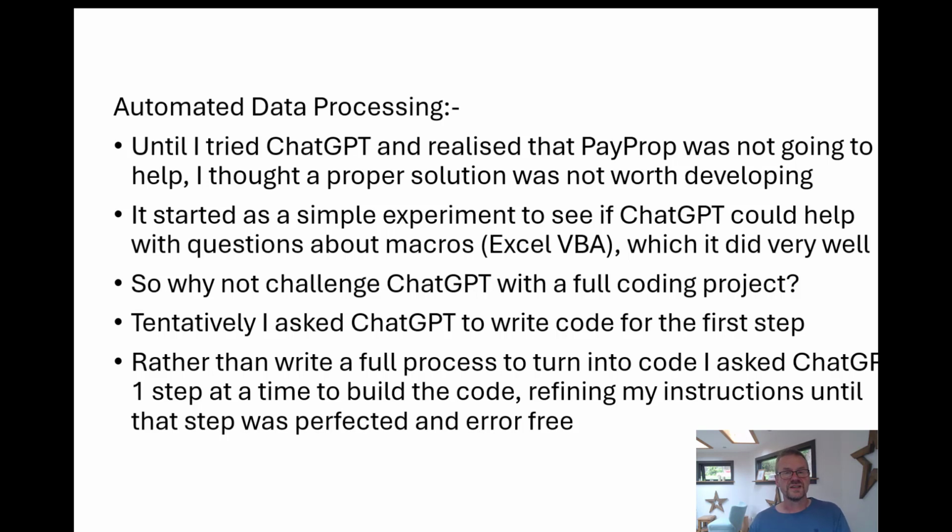So I kept polishing the request, the description, feeding back issues to ChatGPT until I got the step right, and then I moved on to the next step and the next step and the next step, and kept refining until I'd solved the problem with ChatGPT's help, and I had code that worked faultlessly and very fast.